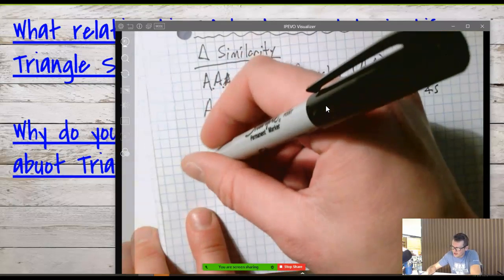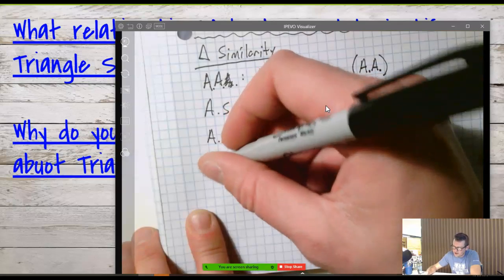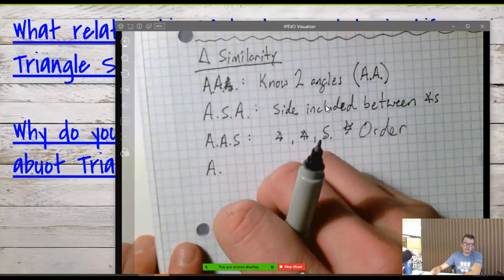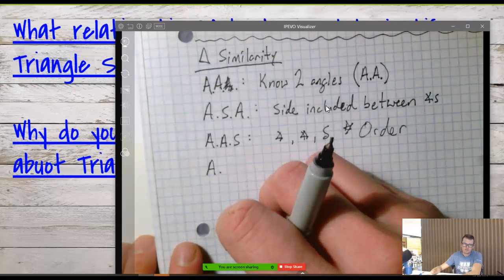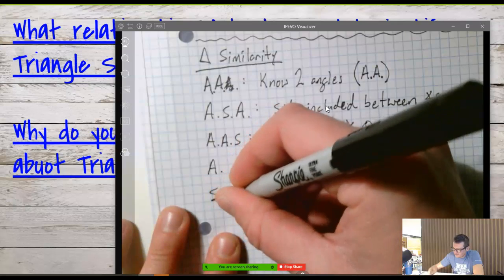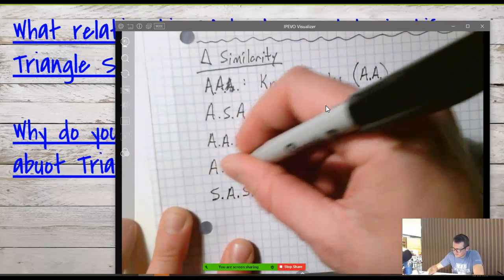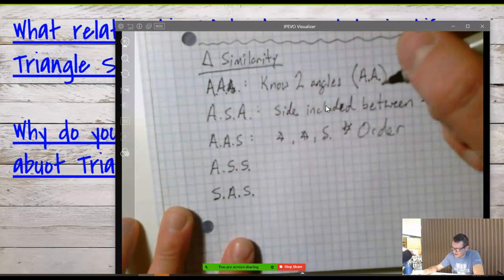Now what if we had one angle and then two sides given? Uh-oh.